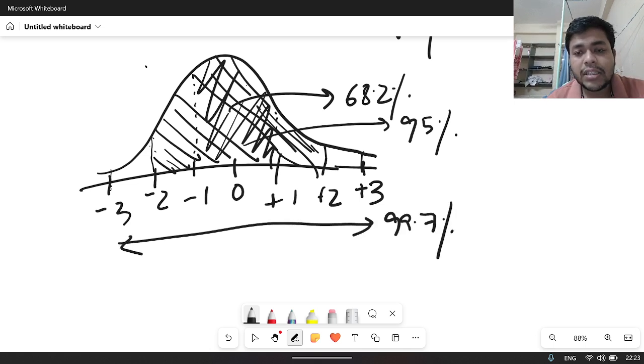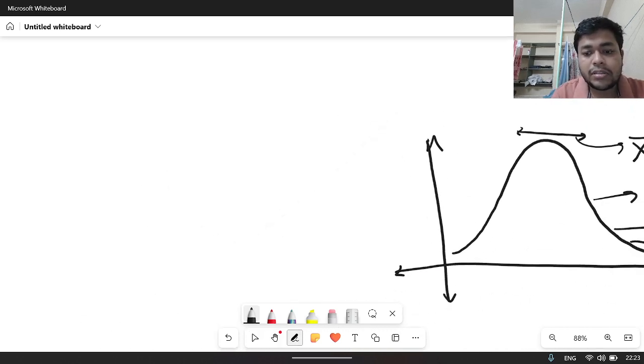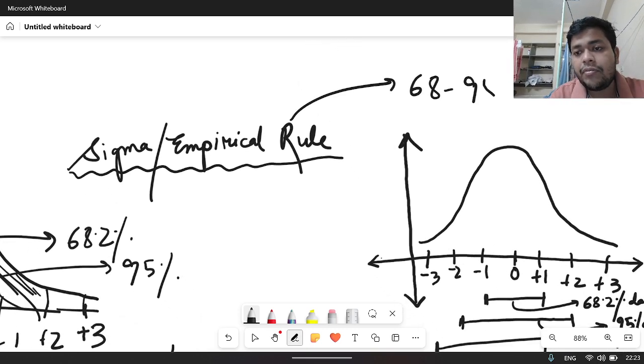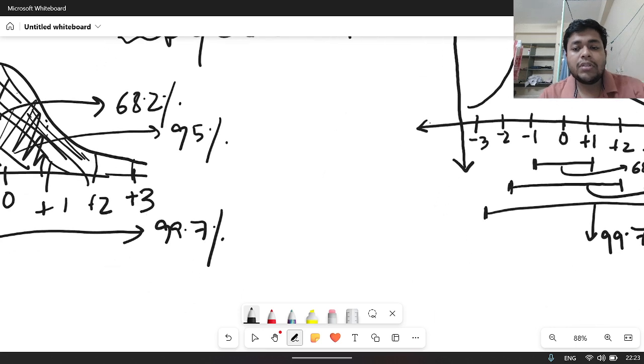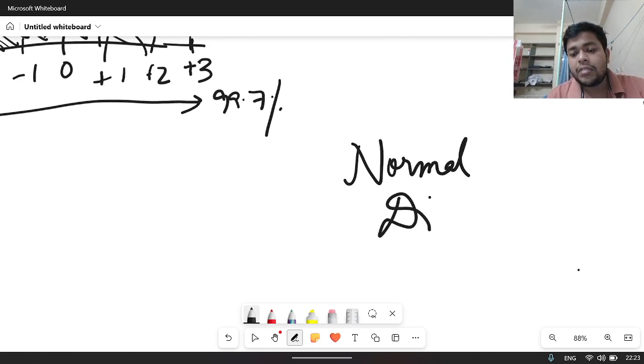For this reason, this rule is also known as the 68, 95, 99 rule. It's better if you know this rule. This rule is related to normal distribution.